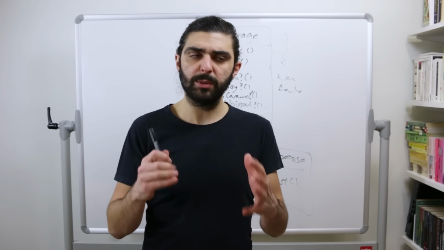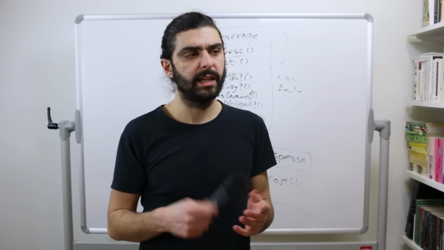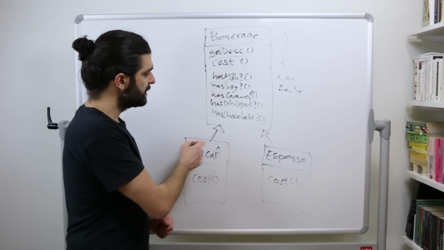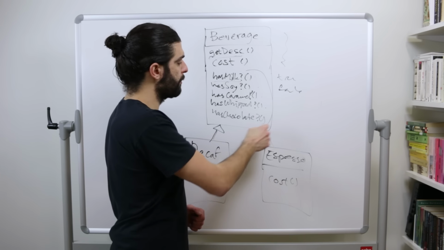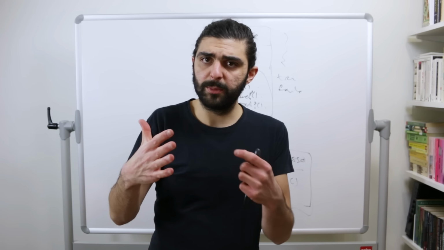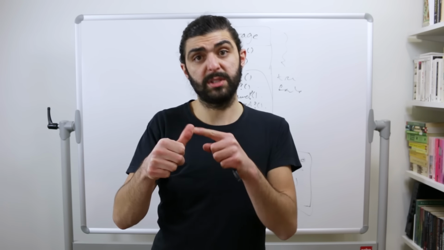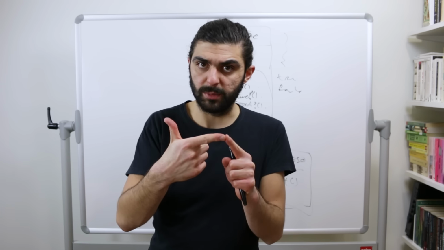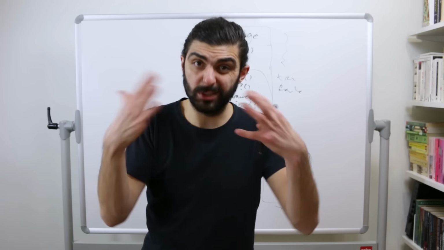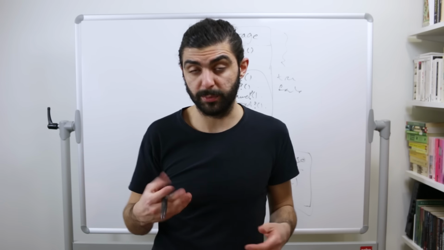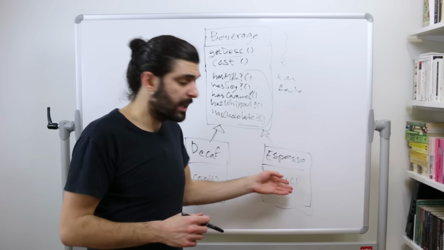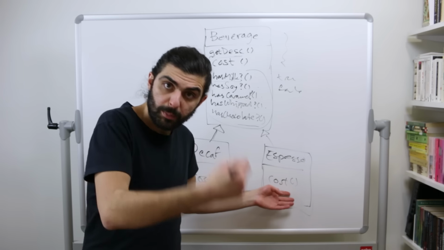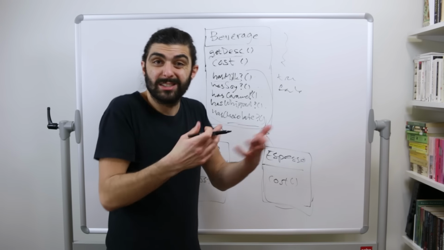But perhaps an even more severe problem that they're also highlighting is the fact that because these are inheriting from beverage, they'll also inherit all of the methods here. So perhaps you're already familiar with the interface segregation principle and the Liskov substitution principle. These are two of the SOLID design principles of object-oriented programming. The interface segregation principle states that a subclass should not be forced to depend on methods that it does not use.